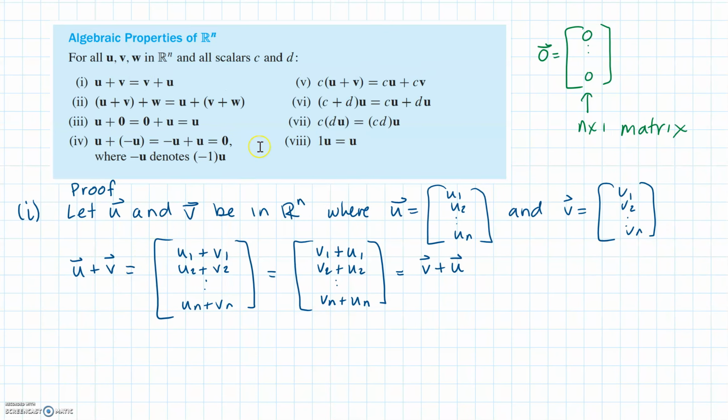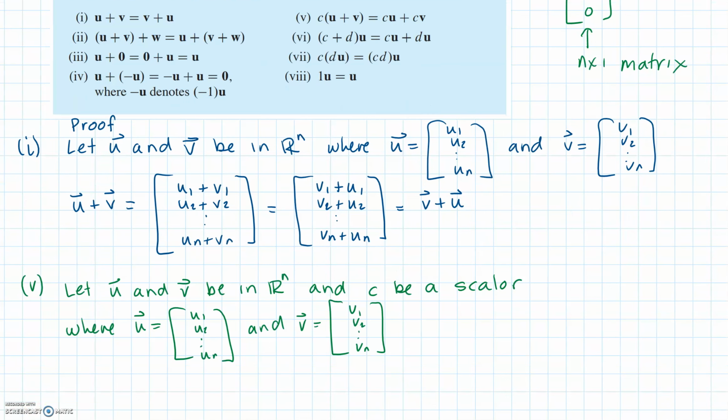So let's go ahead and try one more. What about the proof of number 5? Again, I'm going to let u and v be in Rn and c be a scalar, where u and v are these n by 1 column matrices. Now I want to see if the distributive property works with a scalar.